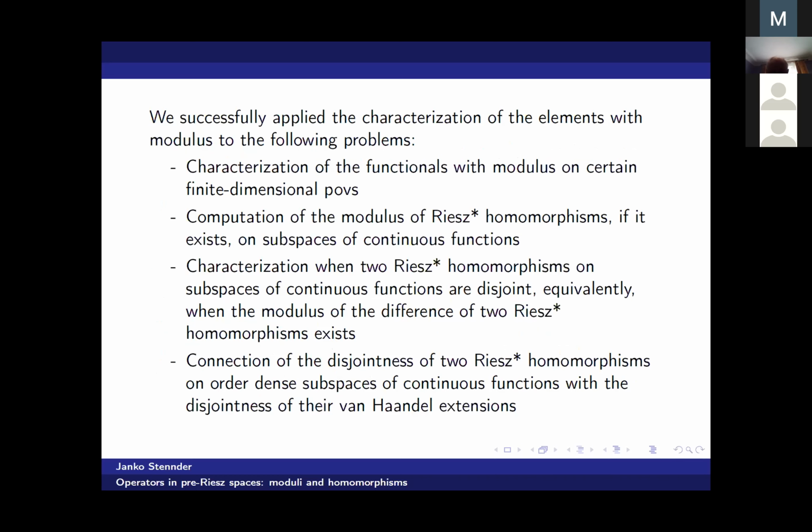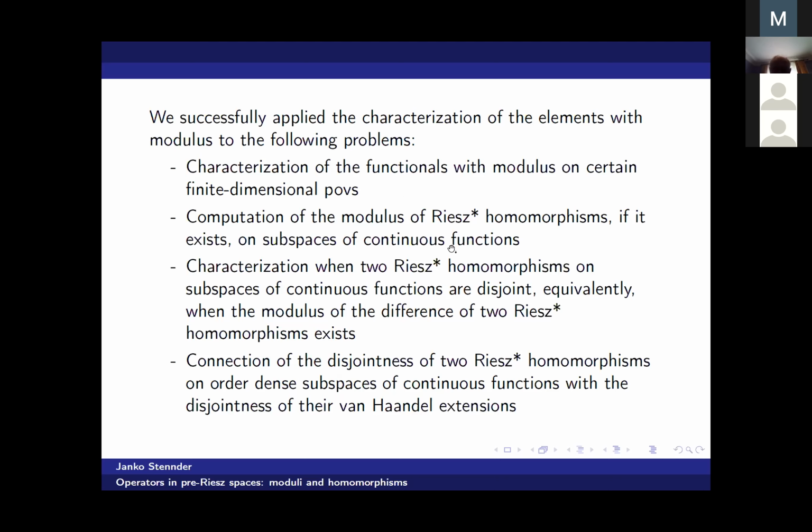Yes, and then we successfully used this characterization of elements for some problems in operator theory, which were too many to state here, but if you're interested, you can find them in the paper, and I'll also put them in the extended slide version. But just to summarize, we characterized the functionals with modulus on certain finite dimensional partially ordered vector spaces.